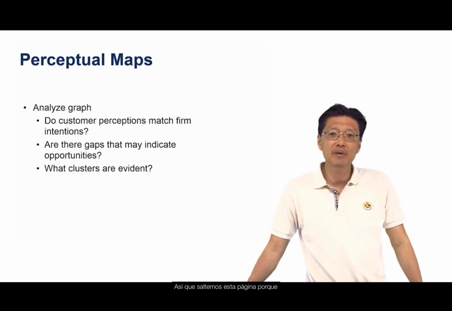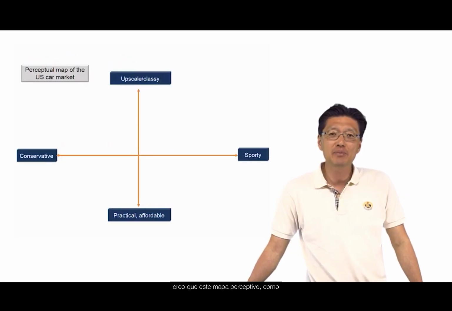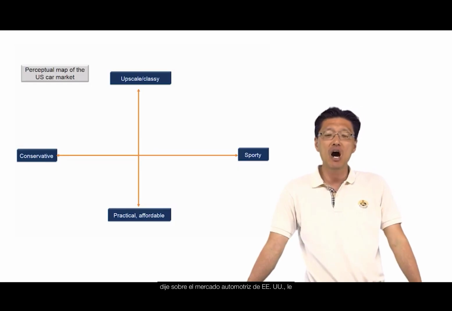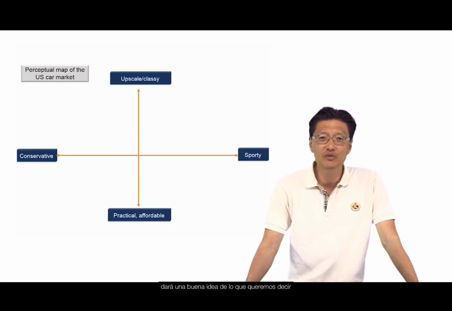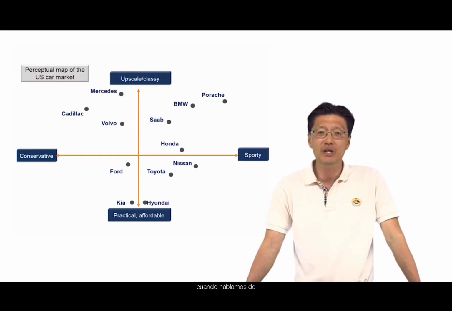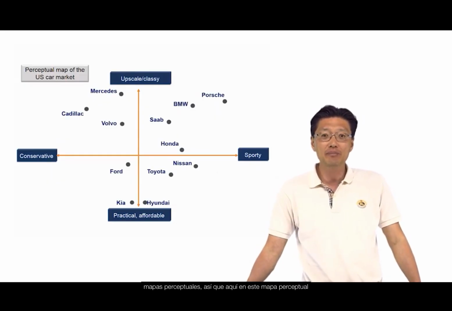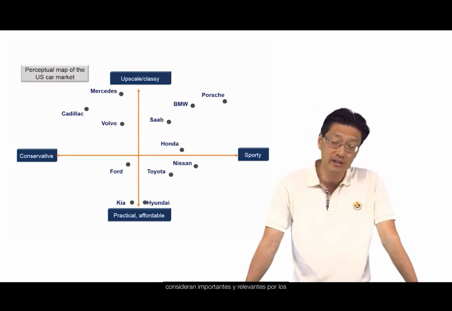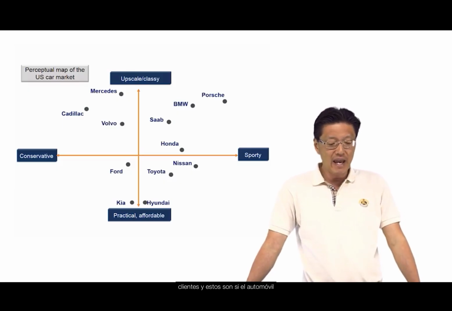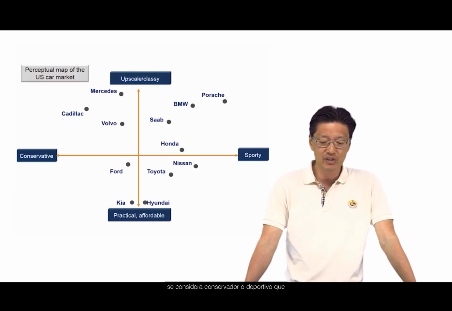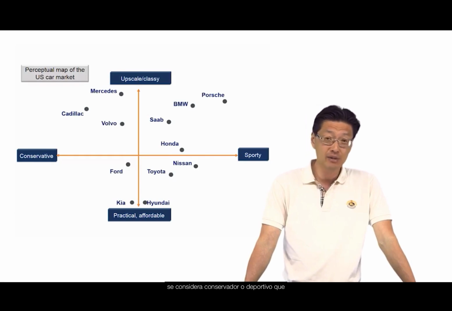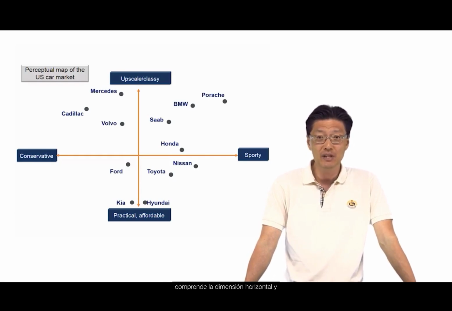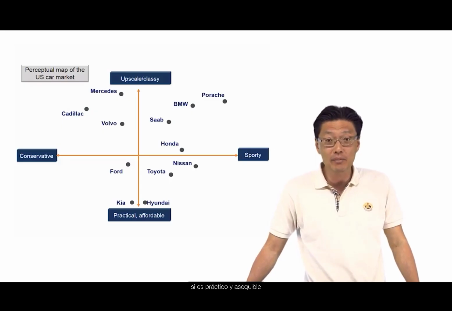So let's skip this page, because I think this perceptual map of the US automotive market will give you a good idea of what we mean when we say perceptual maps. Here we have two dimensions that are considered important and relevant by customers: whether the car is conservative or sporty, which comprises the horizontal dimension, and on the vertical axis, whether the car is classy or upscale, or practical and affordable.